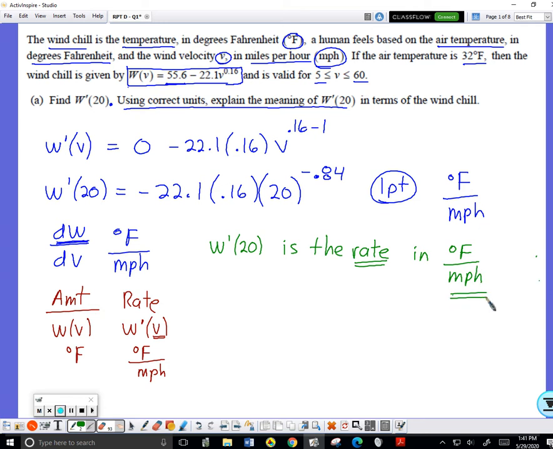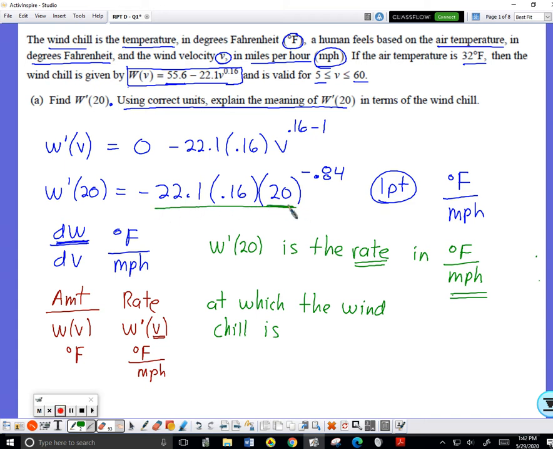So W prime of 20 is the rate in degrees per miles per hour at which the wind chill, because W is the wind chill, is this value that I calculated here.